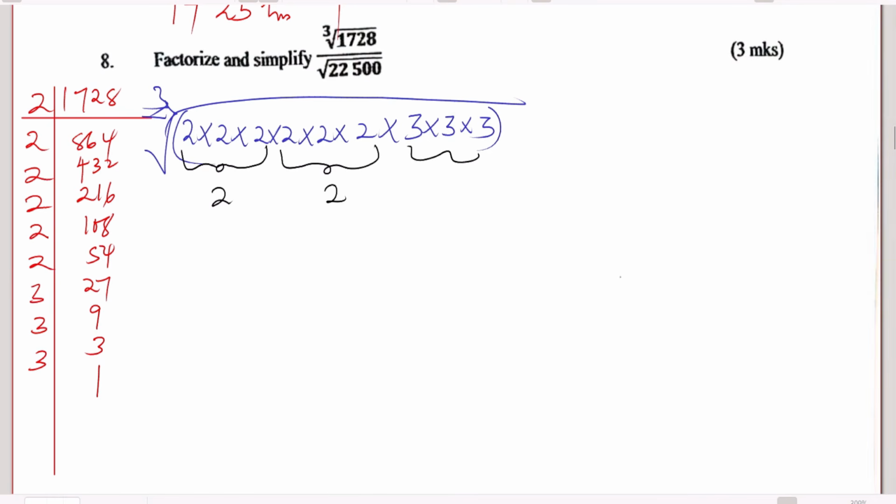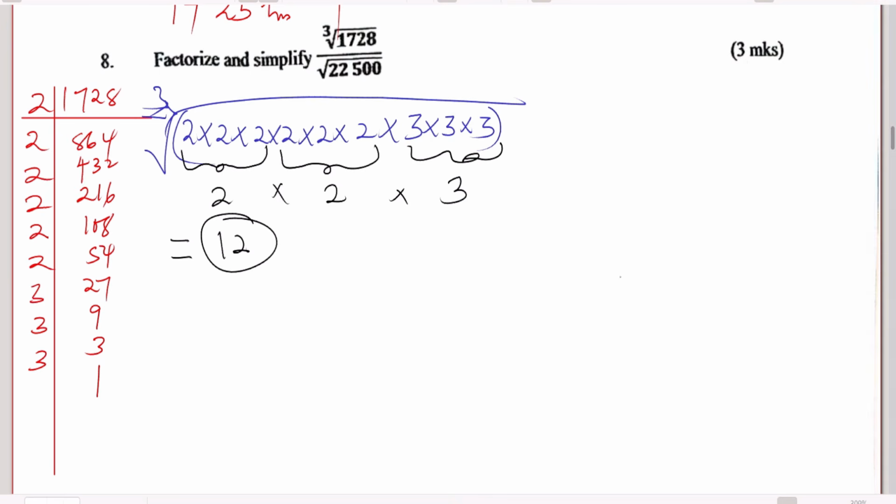And for this one, again, you pick 1. So this gives the solution as 2 by 2, that is 4. Then 4 multiplied by 3 is 12. So that is the cube root of the numerator.